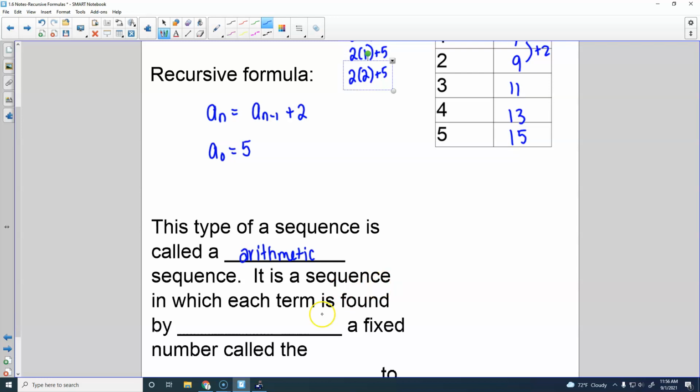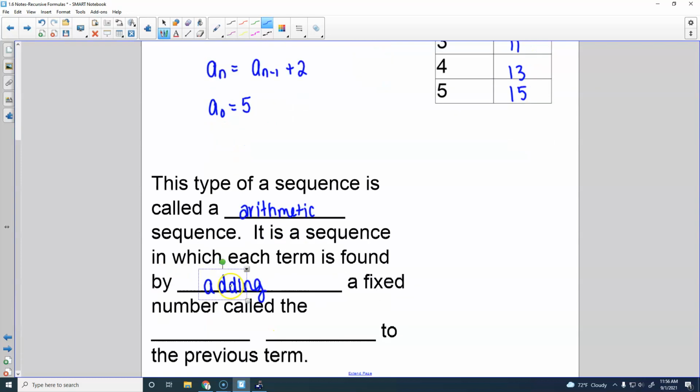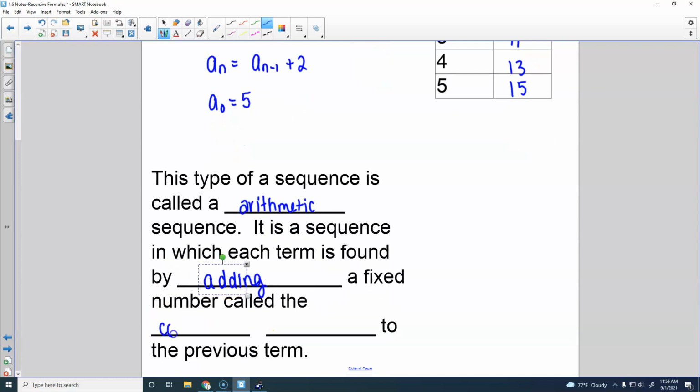It is a sequence in which each term is found by adding a fixed number called the common difference. So for this particular problem, our common difference is 2. We're adding 2 each time.